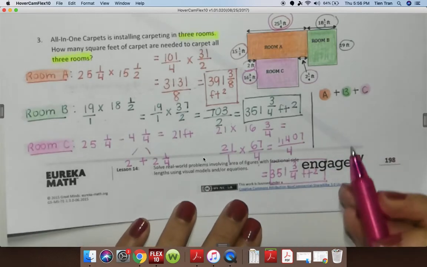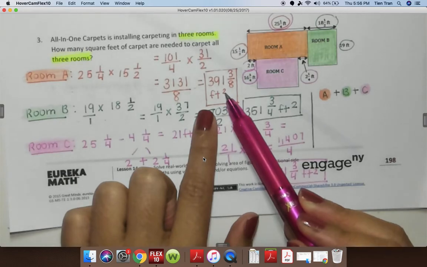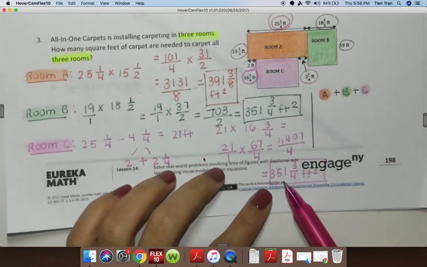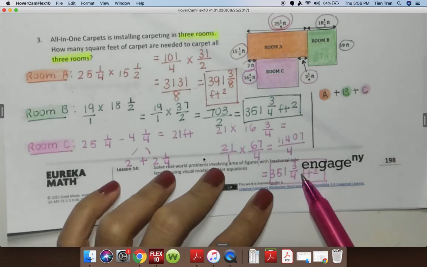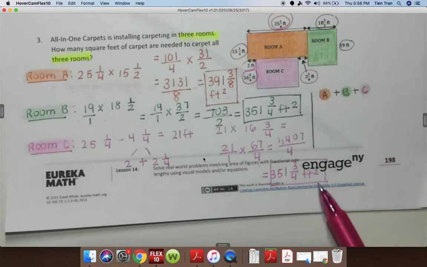Okay. Now that I have all of my numbers, I have 391 and 3/8 feet squared, I have 351 and 3/4 feet squared, and 351 and 3/4 feet squared. Now that I have all of those numbers, I'm going to add my numbers together to get my final answer.